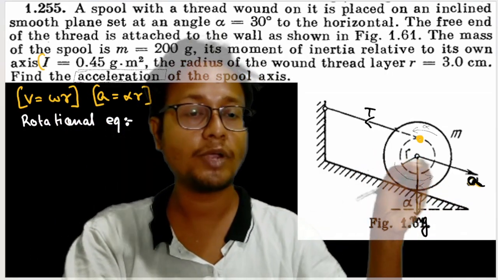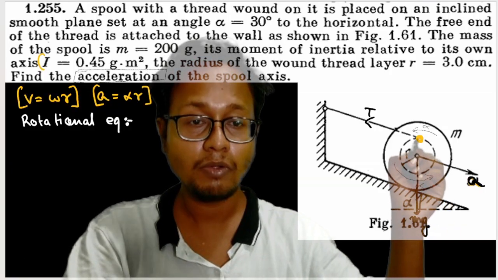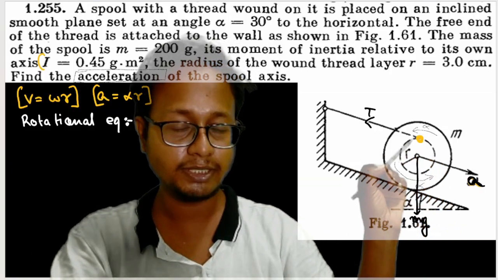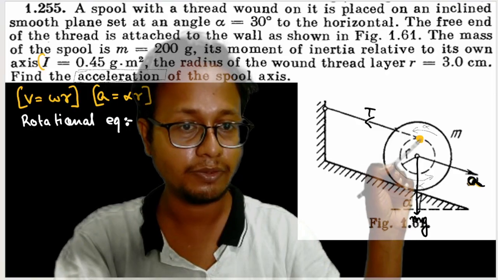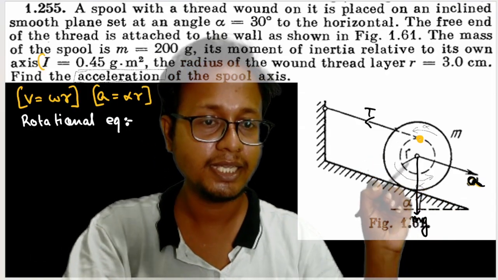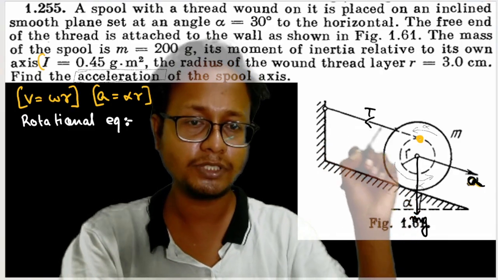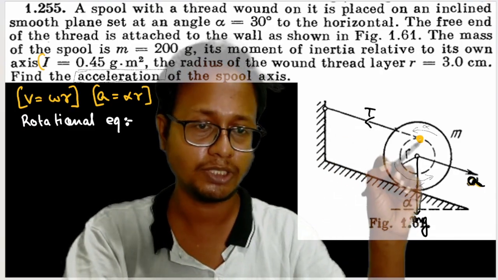Now when I'm seeing the rotational component of the equation, my axis of rotation is out here, and what is causing the torque is nothing but mg sin alpha, isn't it? mg sin alpha is causing a torque, and the torque due to tension force is equal to 0.